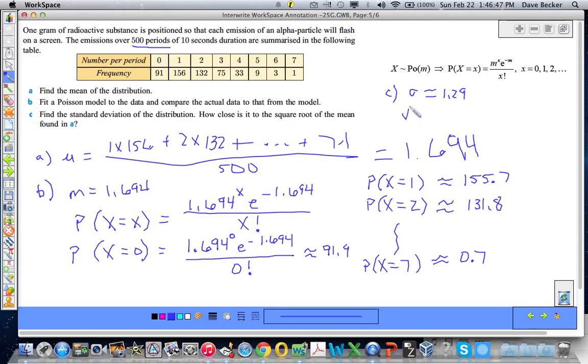And the square root of m, which is 1.694, is approximately equal to 1.30, right? So these are close. The standard deviation is very close to the square root of the mean, which means the variance is very close to the mean. So that validates the Poisson as a tool we can use to help us predict.